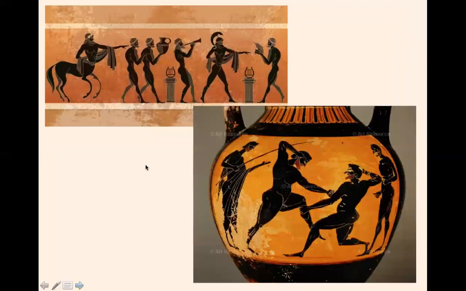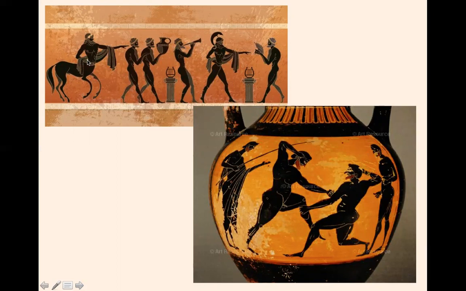The scenes on these vases were of athletic achievements, and they were of popular stories or myths that the ancient Greeks were familiar with, and of course, heroic battles. Now, if you look closely, you will see that the Greeks did add some little details to their work.